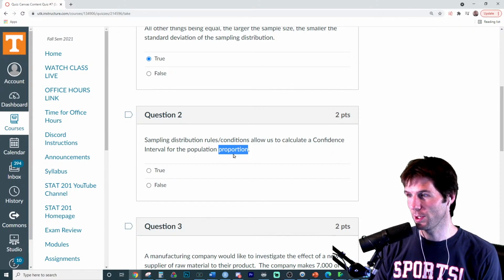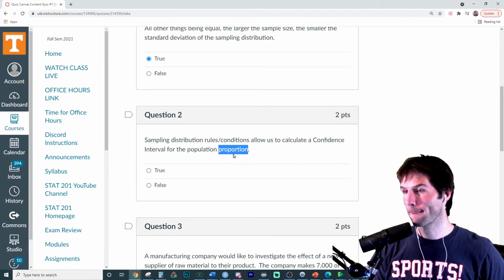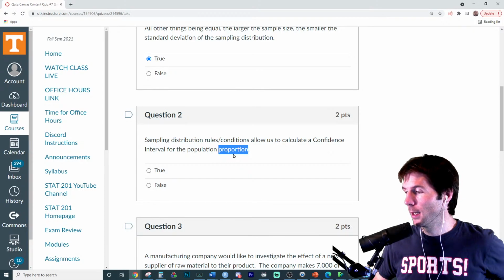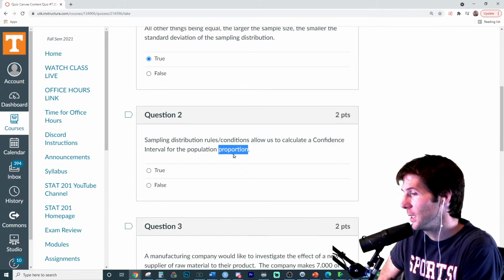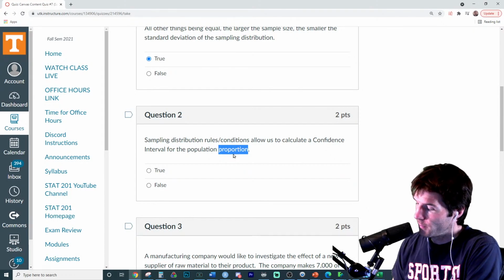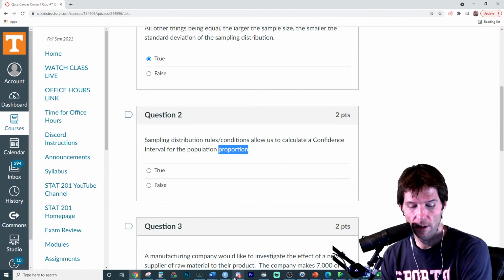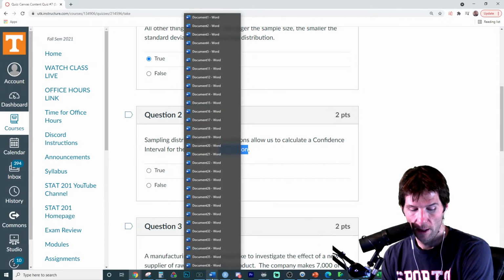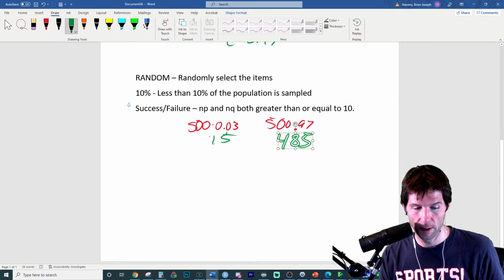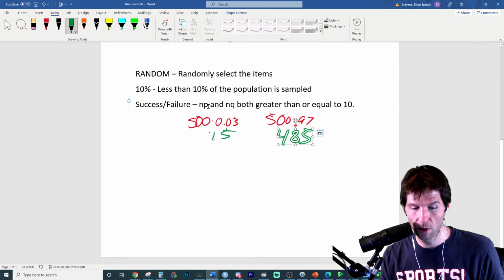So it's going to be the what condition. So you already know this condition right here. This is a chapter we haven't done yet. I need to go remove this from the question bank. But this is proportions. Since this one is doing confidence intervals, the condition changes slightly. The condition now is no longer np and nq.